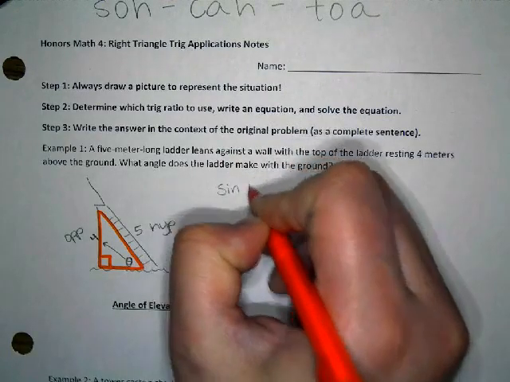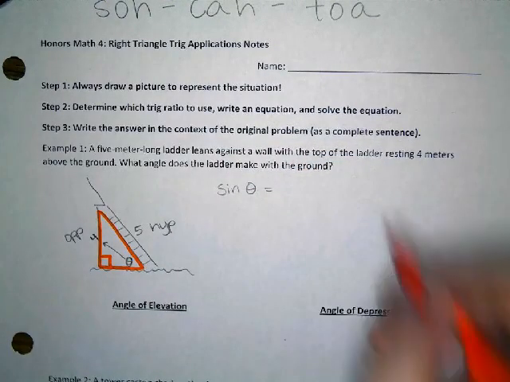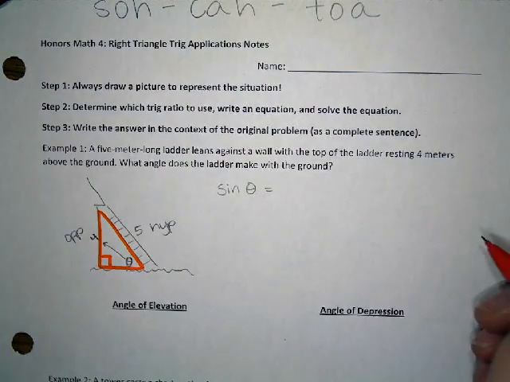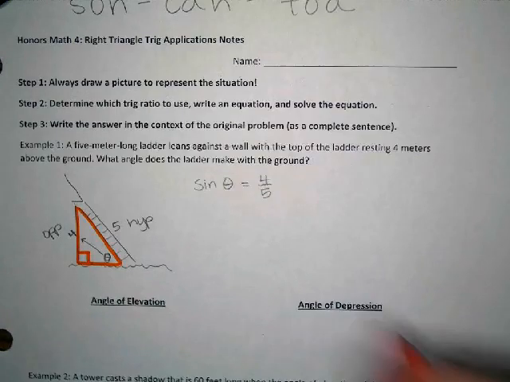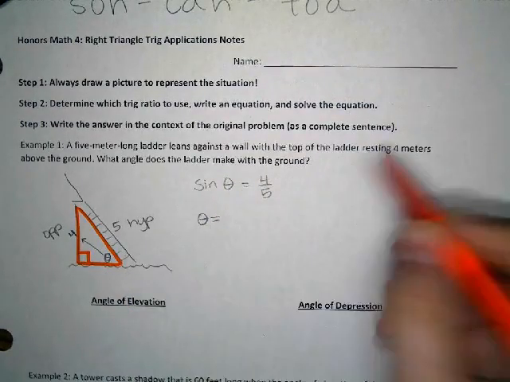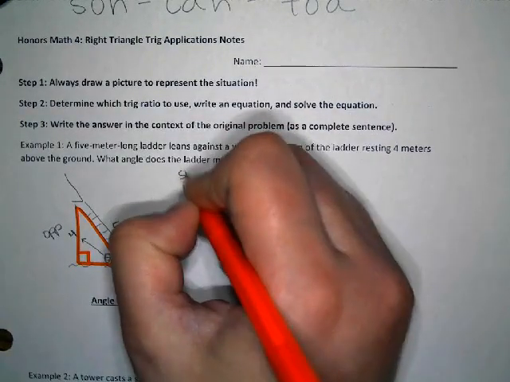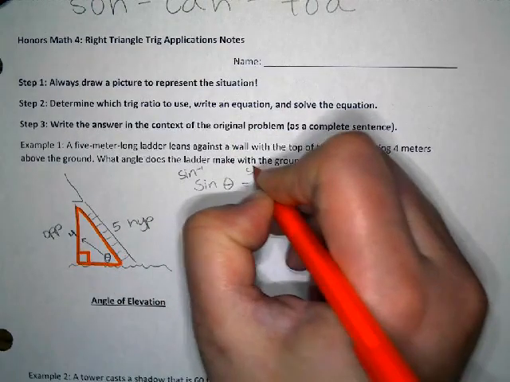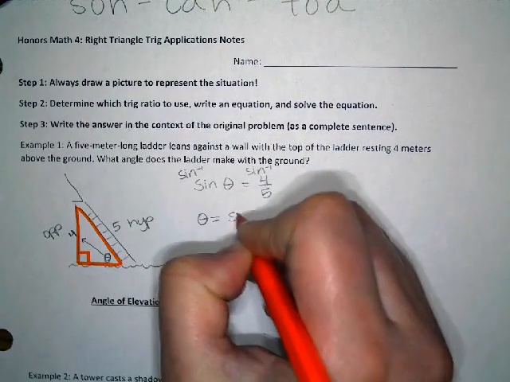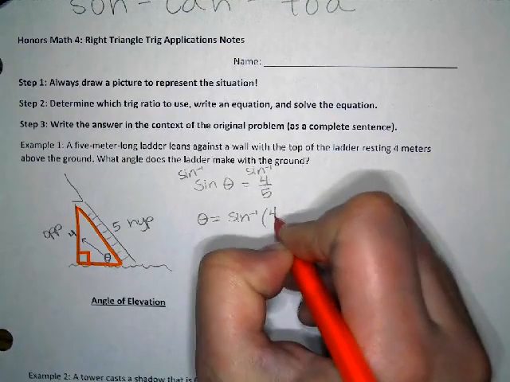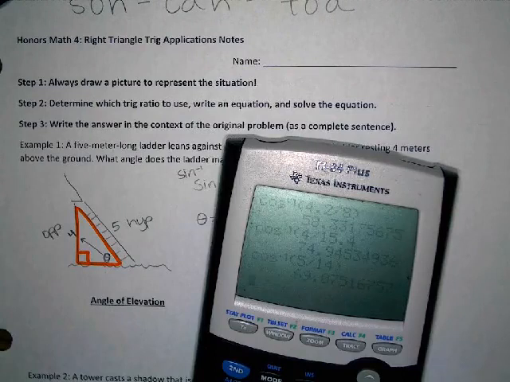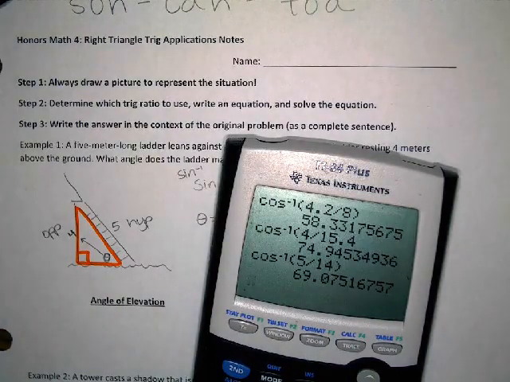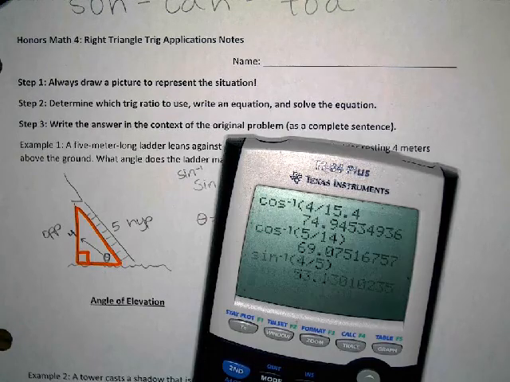There's a typo, that's fine. So sine theta is opposite over hypotenuse. And then what am I going to do to solve for theta? Do the opposite of sine, so I'm going to do sine inverse on each side. So sine inverse of 4/5 is what I'm going to type into my calculator. 53.